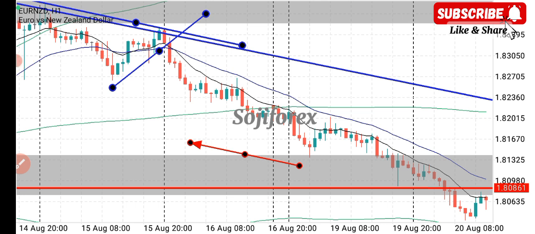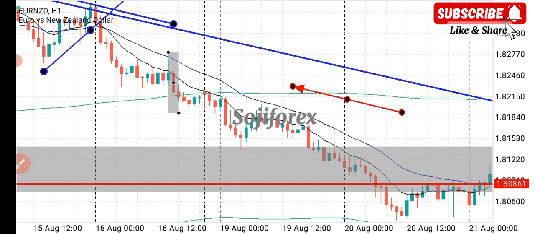This is an engulfing candlestick pattern. This particular candle is my engulfing candle, bearish engulfing. There is a rejection, then followed by bearish engulfing. I'll make my entry. My stop loss is up there.